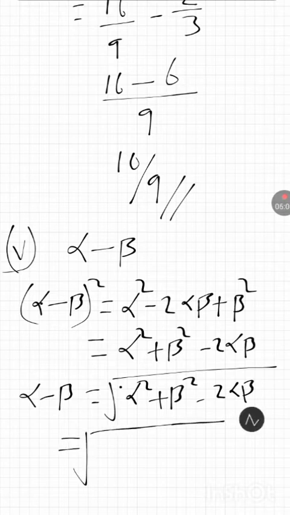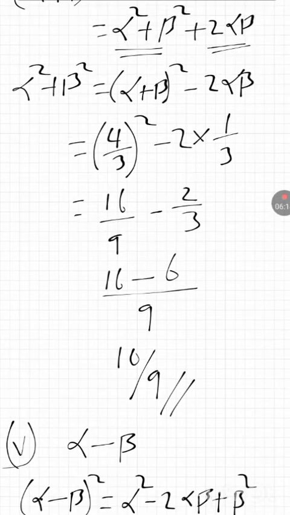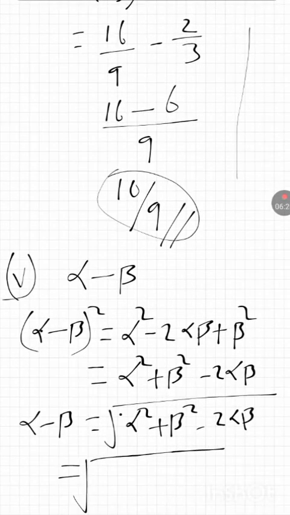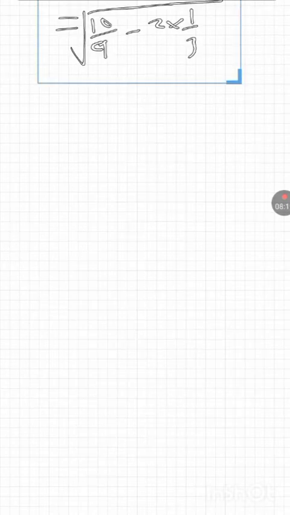Then we have, we already calculated our alpha square plus beta square to be 10 over 9. So I'm just going to write 10 over 9 here, minus 2 times 1 over 3.